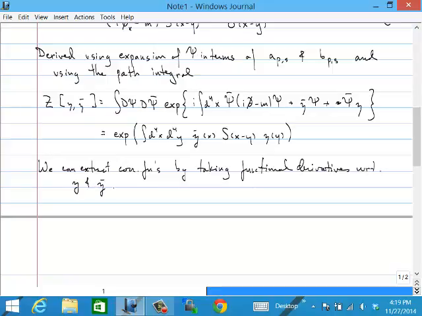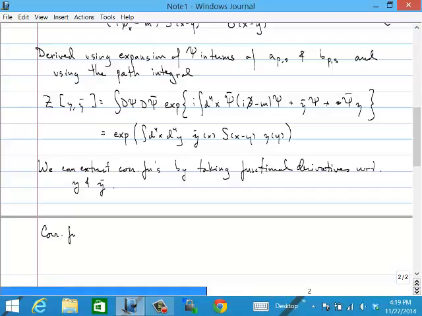In particular, every time you want to compute a correlation function with a factor of, say, psi bar inserted at point x, you take a functional derivative of this generating function with respect to eta inserted at point x, and then once you're done taking all of these derivatives, you set eta and eta bar equal to 0.